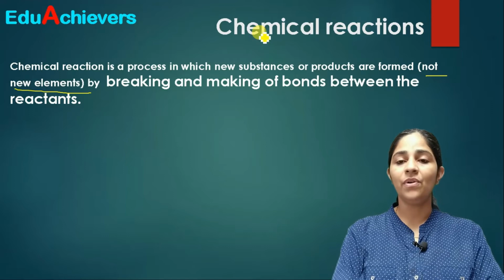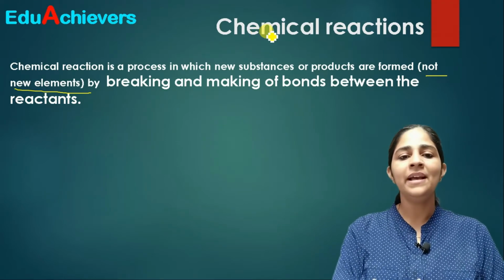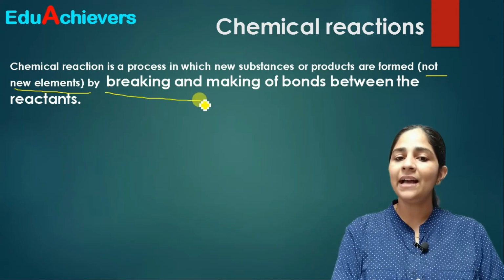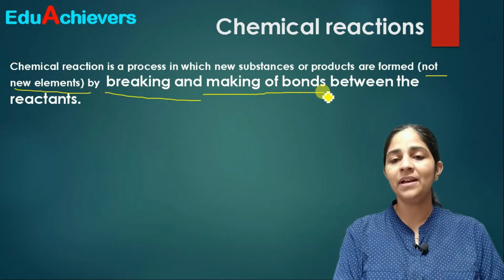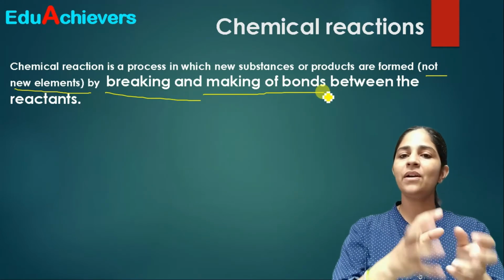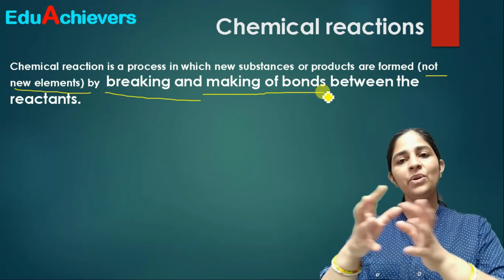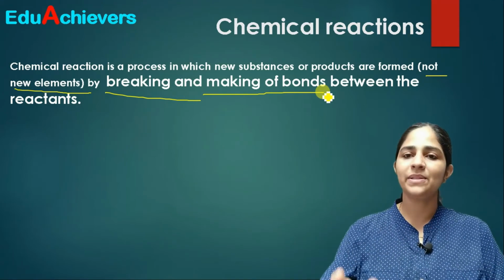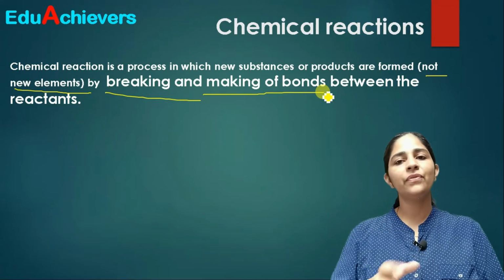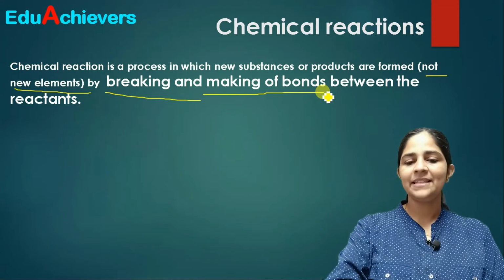And how are new substances formed? There's always a breaking and making of bonds involved. The bonds between the components of the reactants get broken down and new bonds are formed, and the products are formed by the formation of those new bonds, correct?